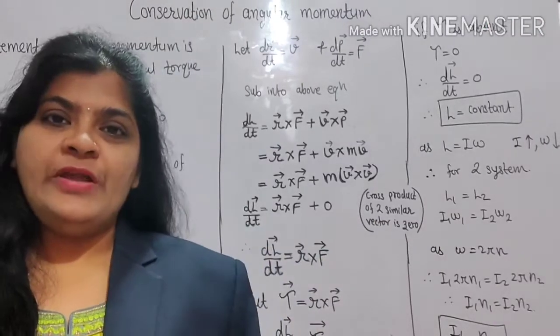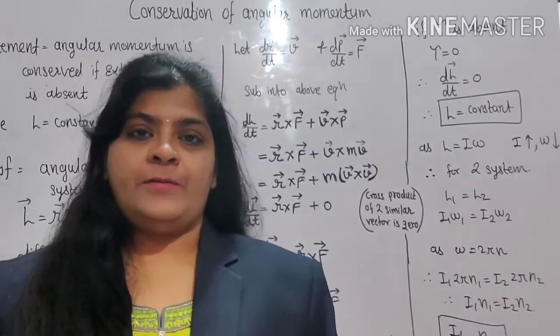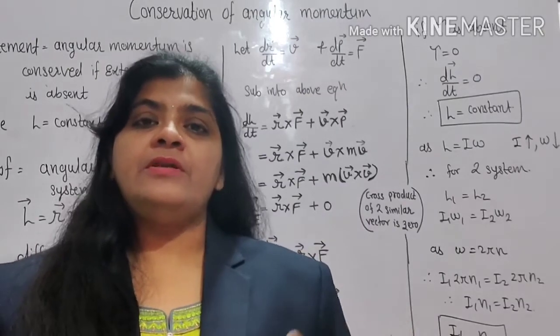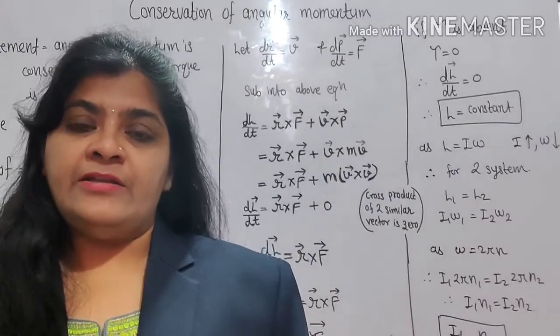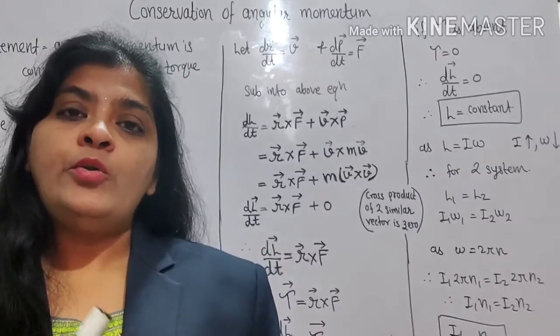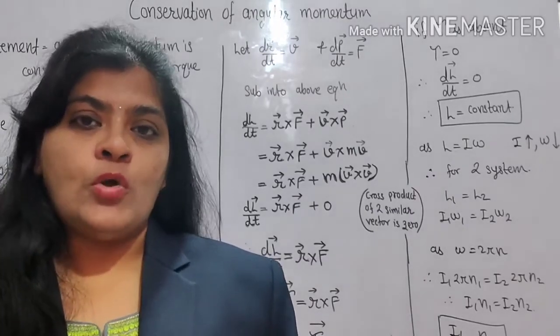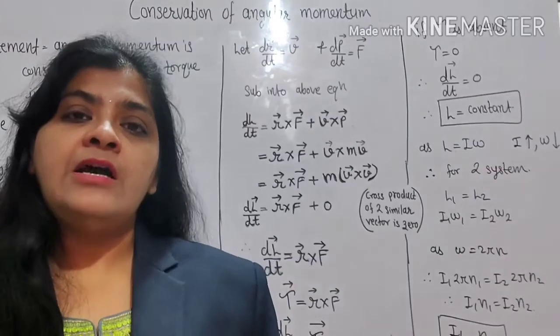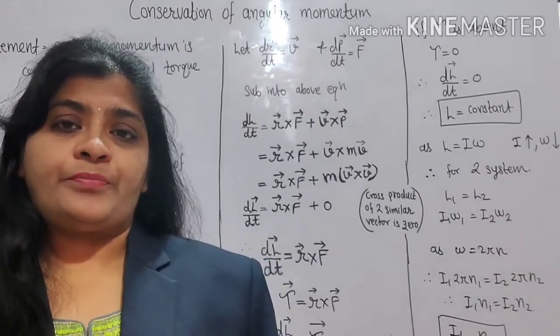Hello students, today we are learning the law of conservation of angular momentum. Before learning this, we have to remember that last year we learned the law of conservation of linear momentum. According to that law, the linear momentum remains constant if the external unbalanced force acting on the body is 0.